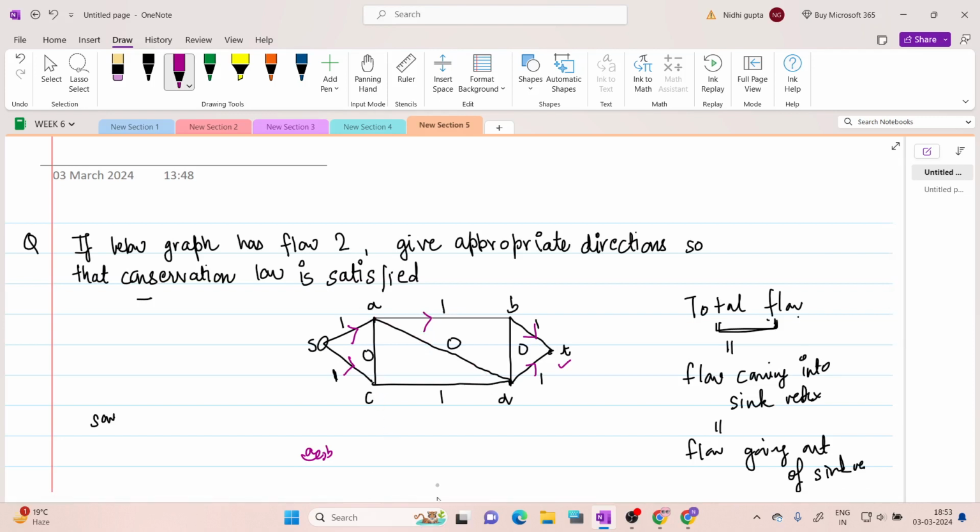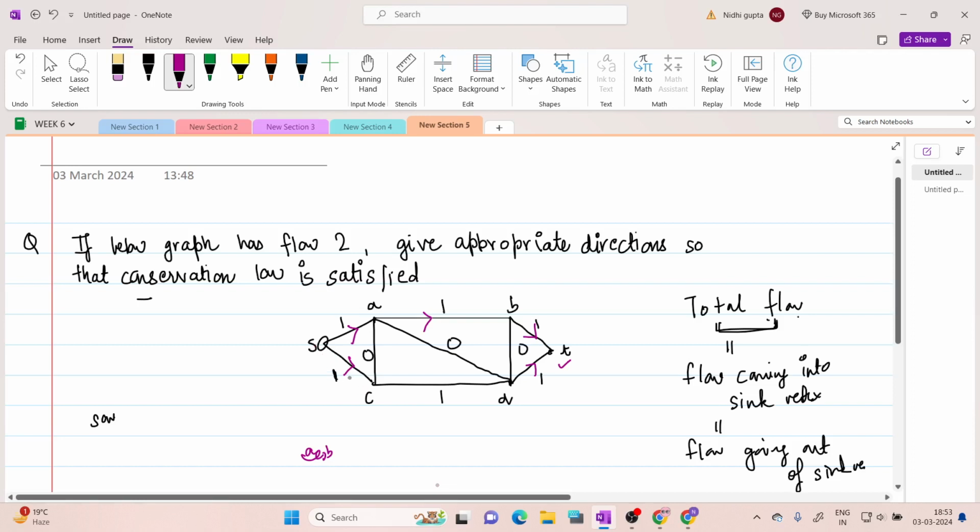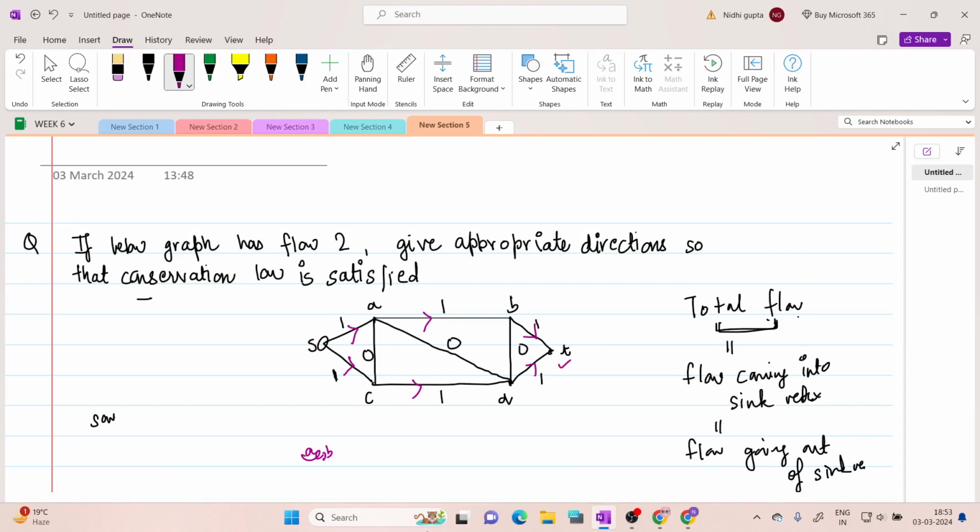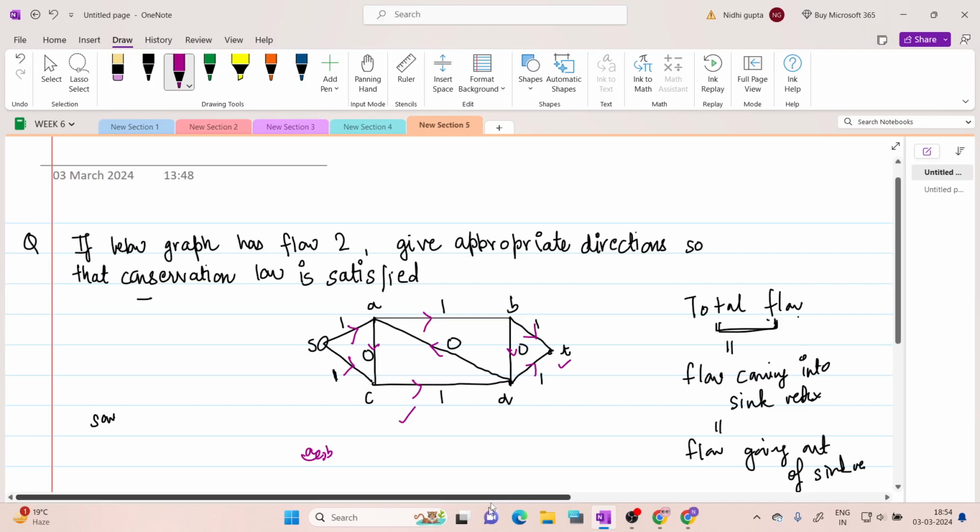C to D, because there is a flow of 1 coming into C. And what about AC then? It can have any direction, since it won't affect anything; you can give any direction to the edges which have 0 flow. So if we give these particular directions, then the conservation law is satisfied.